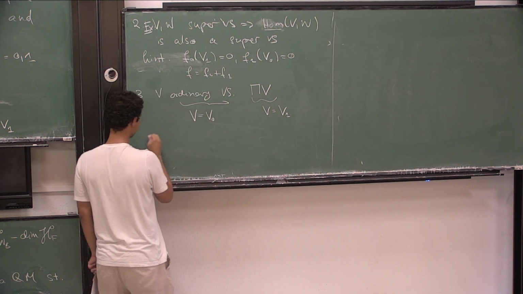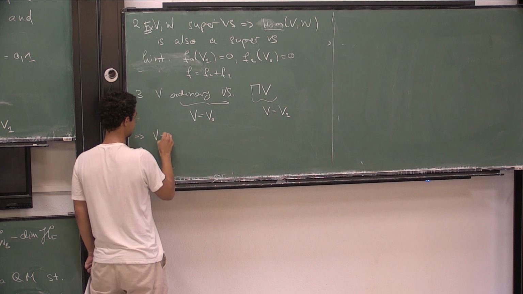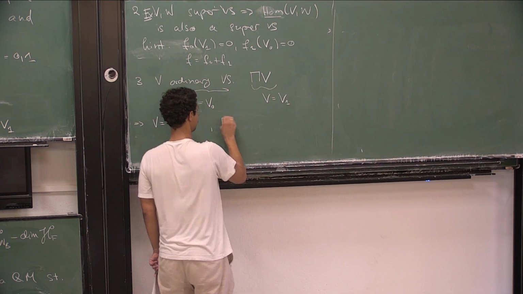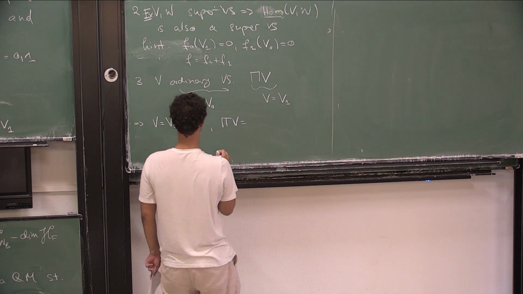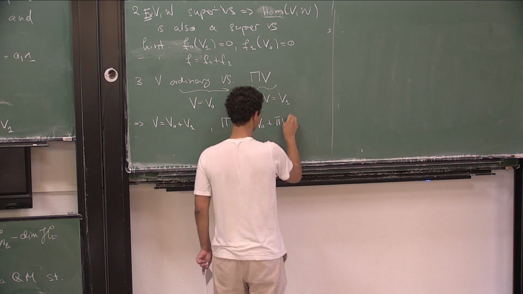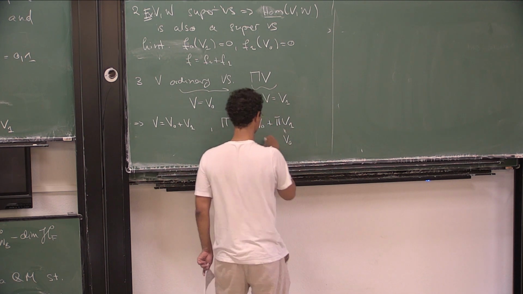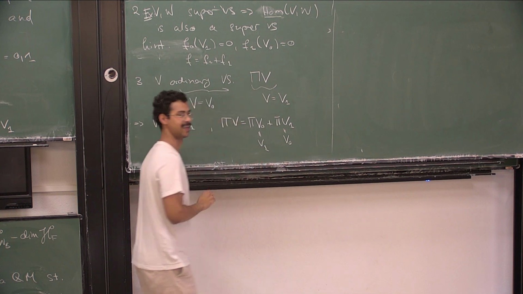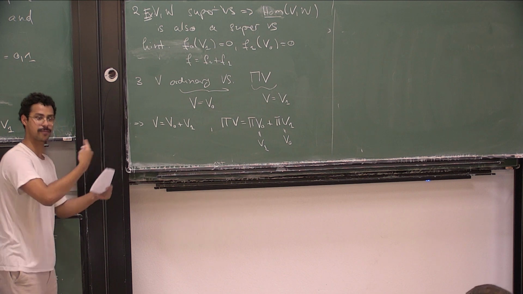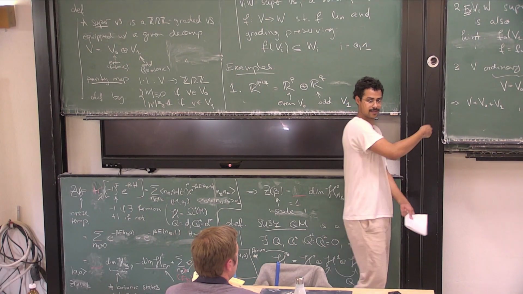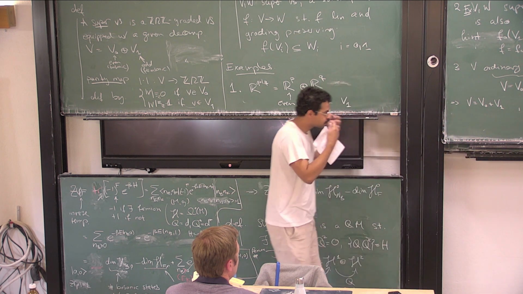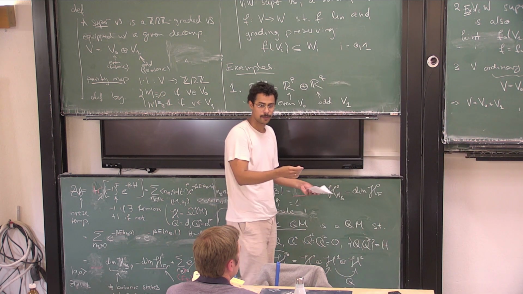Put differently, if V is actually V0 plus V1, then pi of V is pi of V0 plus pi of V1, but this is V0 and this is V1 of the original. So it basically just changed the parity. It makes even things odd and odd things even, just considering it to be that way.